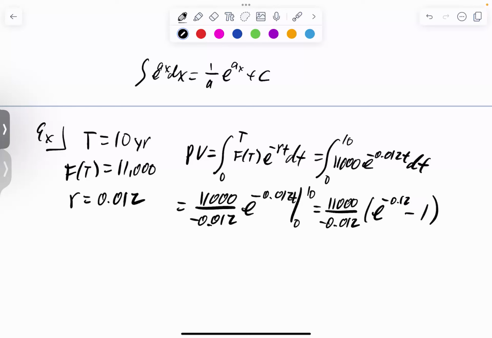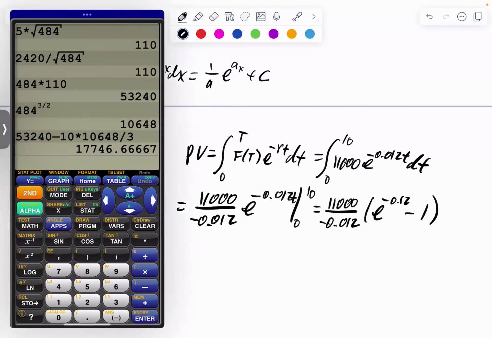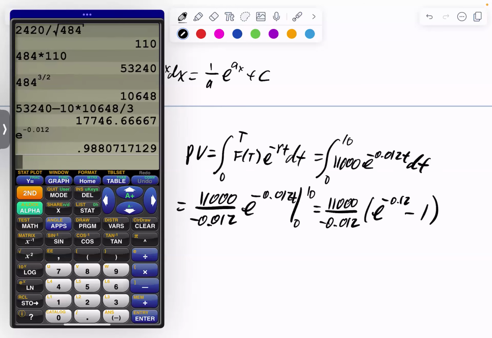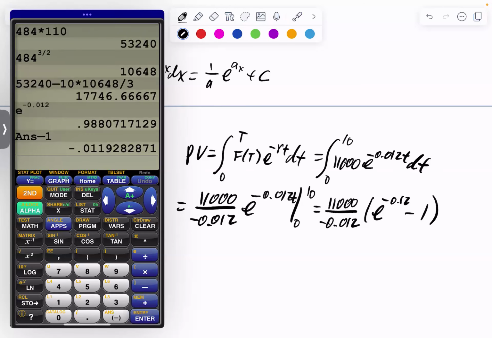And e to the 0 is just 1. And so let's knock all of this out. So let's go e to the negative 0.12 minus 1 times 11,000 divided by negative 0.012.